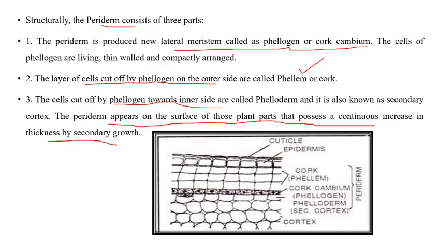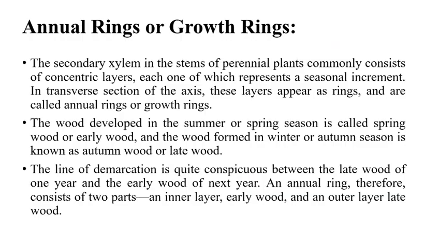So the phellogen layer or cork cambium, which is a type of secondary meristematic tissue, forms cork or phellem towards the outer side, and phelloderm towards the inner side. And these three layers together constitute the periderm or secondary outer layer, secondary epidermis, you can say.